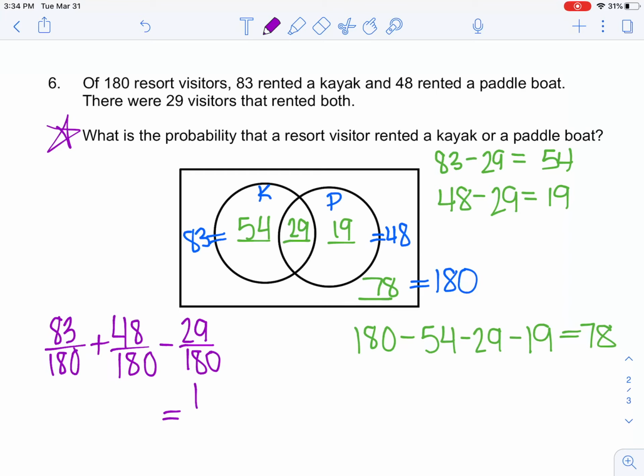When we add that together, we get 102 over 180, and that reduces to 17/30. So there's a 17/30 probability that a resort visitor rented a kayak or a paddle boat.